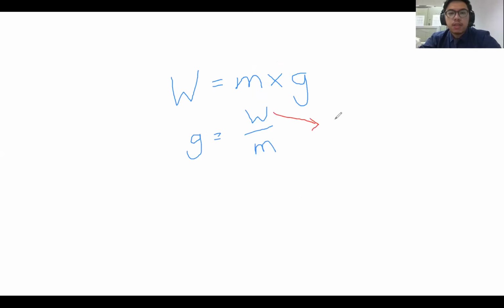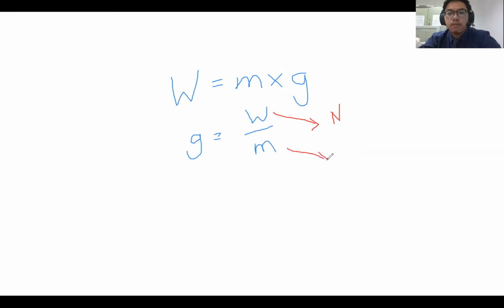Now, where do we get the unit for g? It's g, meaning the gravitational field strength. Again, we can use this formula here. And we rearrange the formula to make g the subject of the formula. So g is equal to W over m. We know the unit for W is newtons because it's a force.